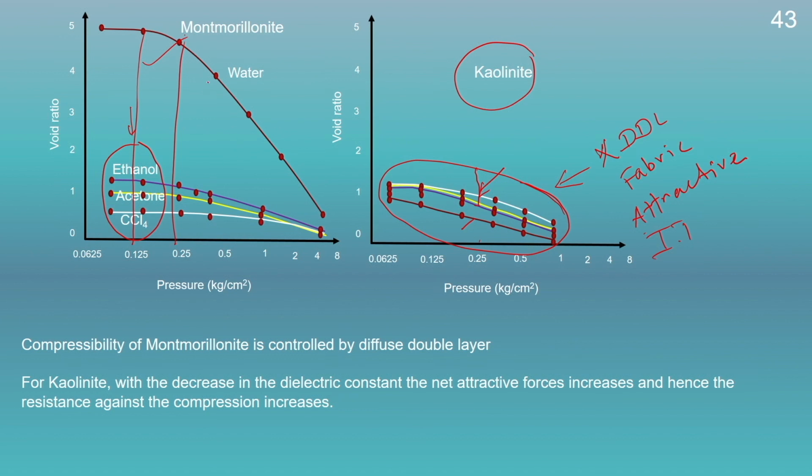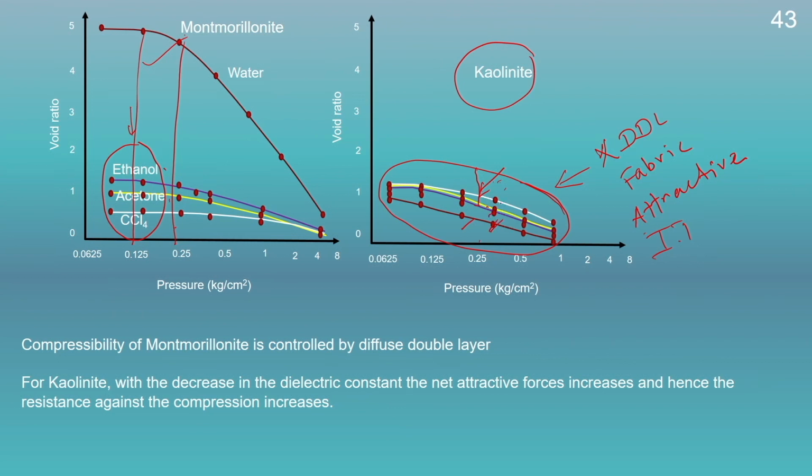That means, in montmorillonite the decreasing trend in the void ratio will be water, ethanol, acetone and CCl4, whereas for kaolinite the decreasing trend in the void ratio at any pressure will be first CCl4, that means CCl4 will have the highest void ratio in comparison to acetone, then in comparison to ethanol, then comes the water.